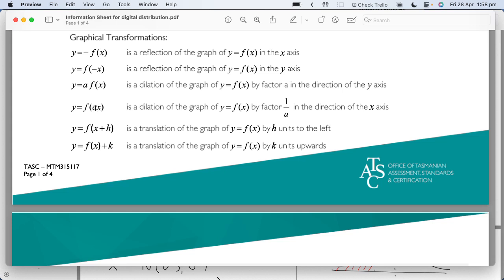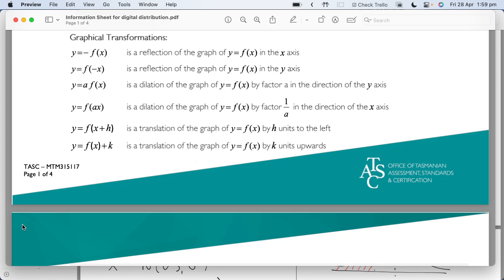Remember that. So f of ax is a dilation of the graph by a factor of 1 over a. So in other words, if I have a multiplied by x, the dilation will squish the graph towards the y-axis. So let's just say I had 2x here, then the graph would be halved.